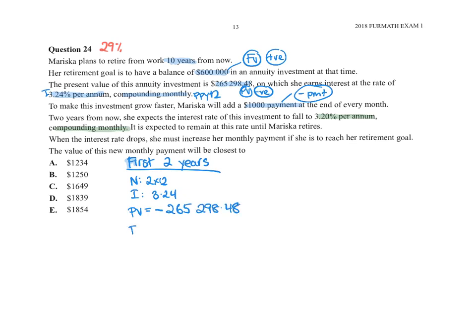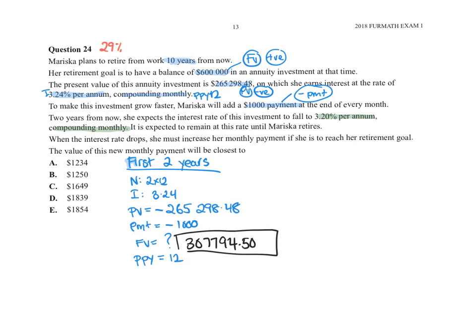The final value, we've got payments. Payment: now she's giving the bank more money to help it grow, so it's negative 1,000. And the FV, that's what I want to know. PPY, because at the end of 2 years, I want to know what's going on. So at the end of 2 years, this is how much she has.